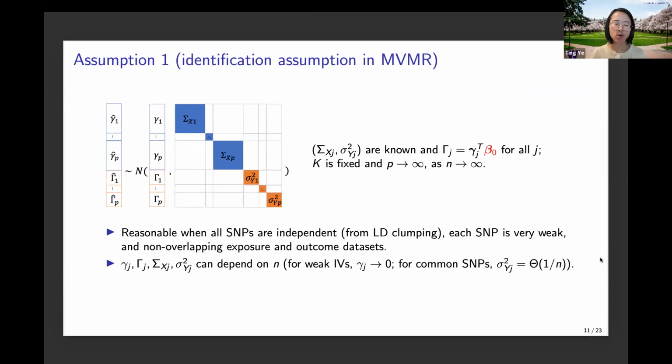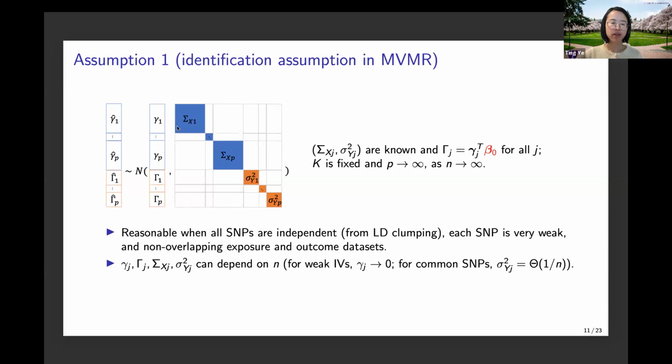And this says that all these marginal association vectors or statistics follow a normal distribution, where their mean is denoted by little gamma j's and capital Gamma j's. And we assume they are mutually independent with each other.